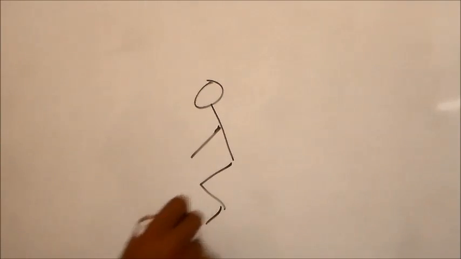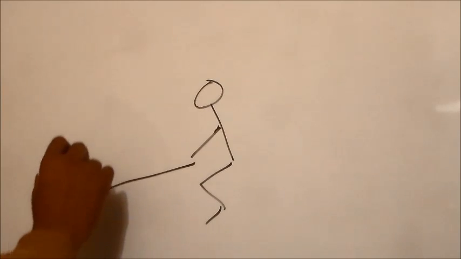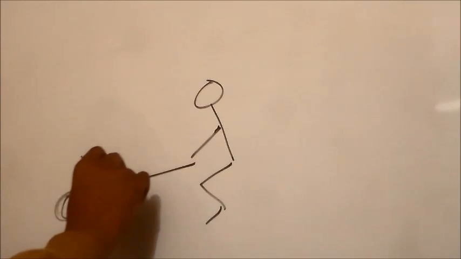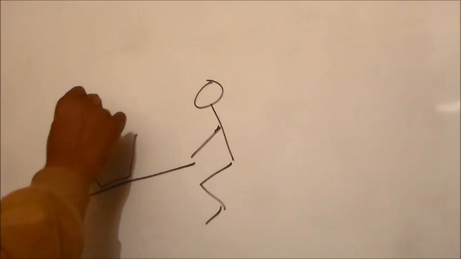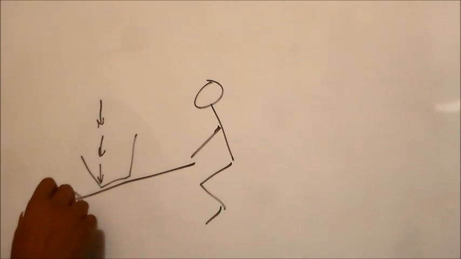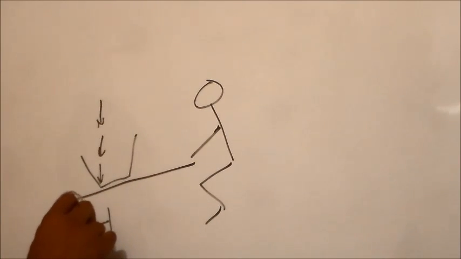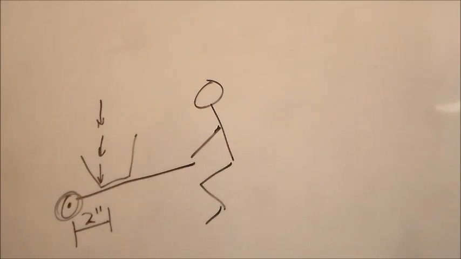Another thing they may do, and I want to be real careful about how to handle this, you'll have a sailor or a soldier bending his knees, and he's got a wheelbarrow, right? And the wheelbarrow's gravitational pull is exerting in that direction, and from this point to this point is, say, 2 inches.